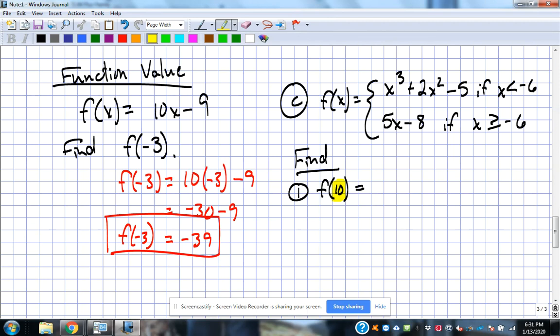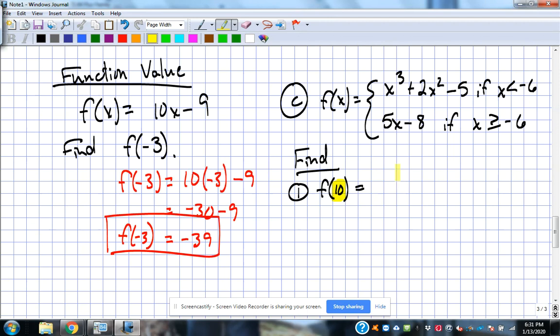So the first inequality says less than -6. Is 10 less than -6? Definitely not. The second piece said x is greater than or equal to -6. And since 10 is going in the place of x, is 10 greater than or equal to -6? Definitely. So what that tells me is I need to use that piece of the piecewise function.